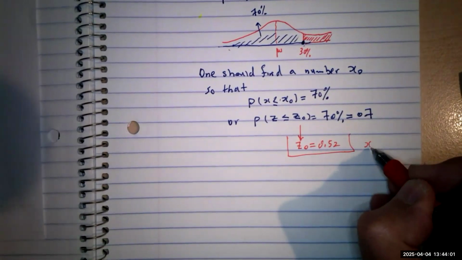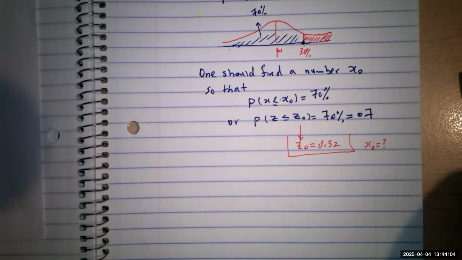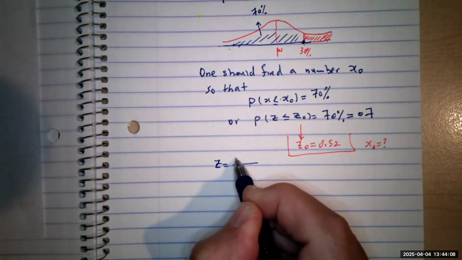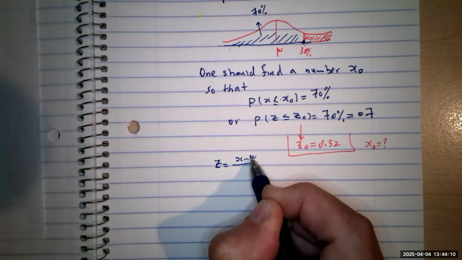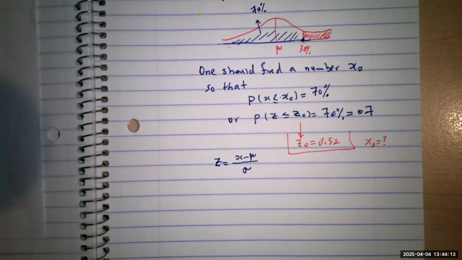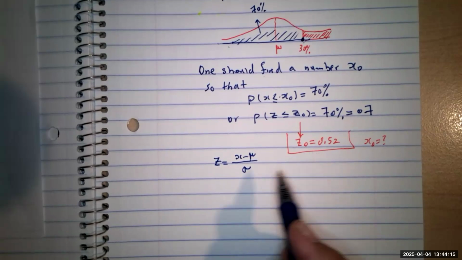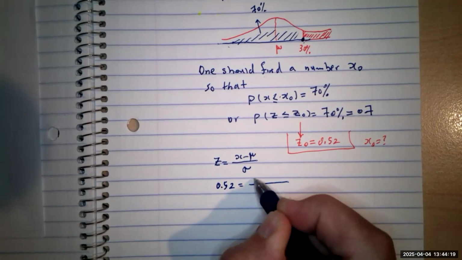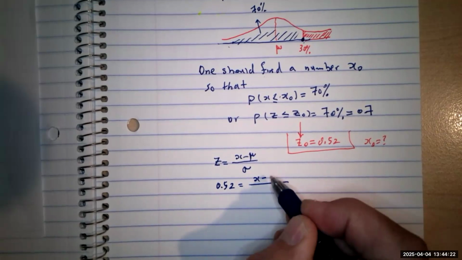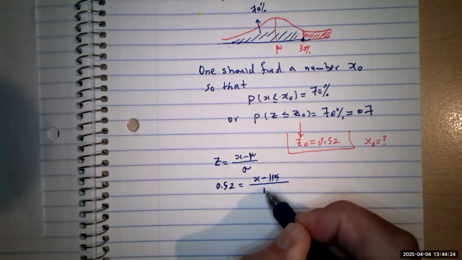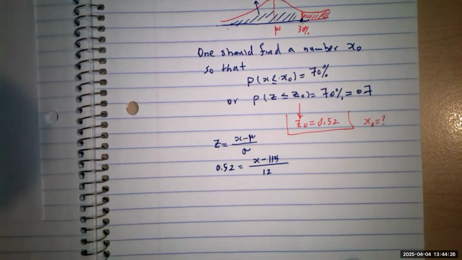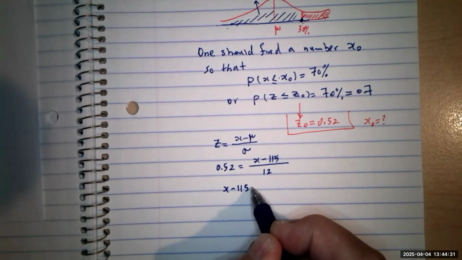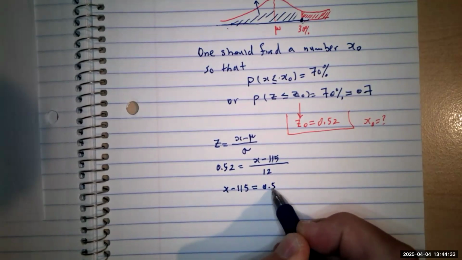So the question is, what is x0? You know the z score formula: z equals x minus mu over sigma. You substitute, your z is 0.52, and x minus mu of 115 over 12. You do the algebra, cross multiply, so x minus 115 is equal to 0.52 times 12.